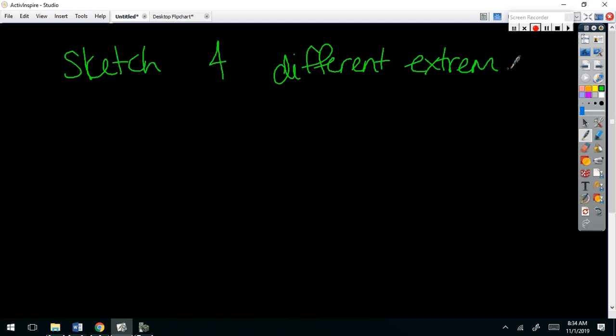And label what kind they are. So your extrema can be anything you want. They can be maximums, they can be minimums, they can be absolute, or they can be relative, whatever you want. But sketch a graph. I'm going to have somebody come up here and sketch what they drew. And we'll talk about what kind it has. Max, min can be absolute or relative.